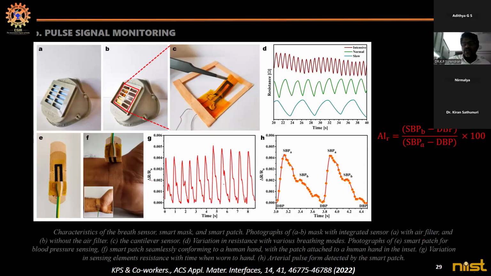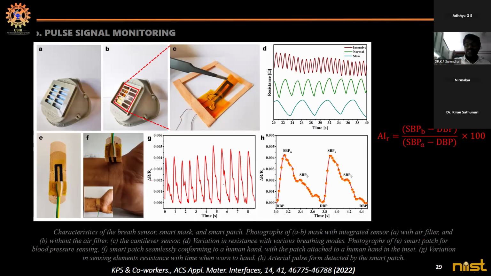So the sensor that we have made using a very cheap method is very accurately reproducing the functioning of your heart, because there is something called the augmentation index. The augmentation index can be calculated from your systolic and diastolic pressure. The formula is given here, and for a healthy person, the augmentation index should be around 40 to 50.